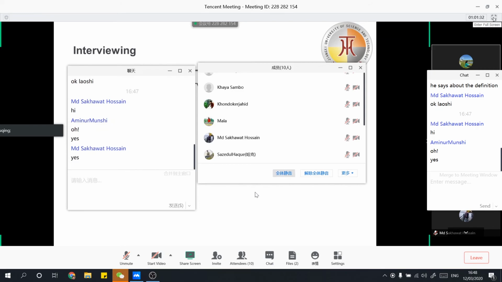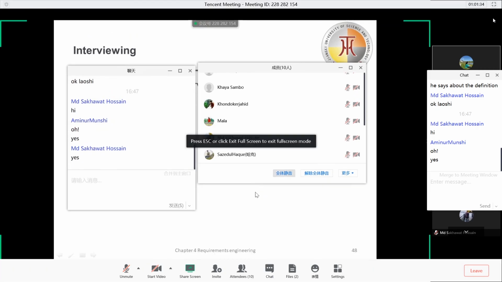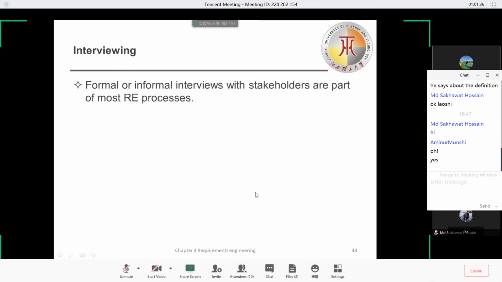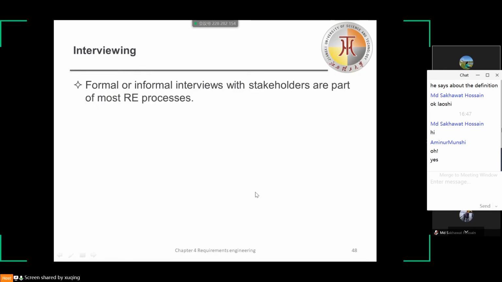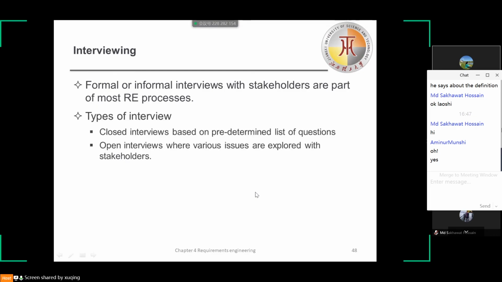We have said that formal or informal interviews with stakeholders are part of most requirements engineering processes. And usually we may have two types of interviews. One is the closed interviews, where the stakeholders answer a predefined list of questions.